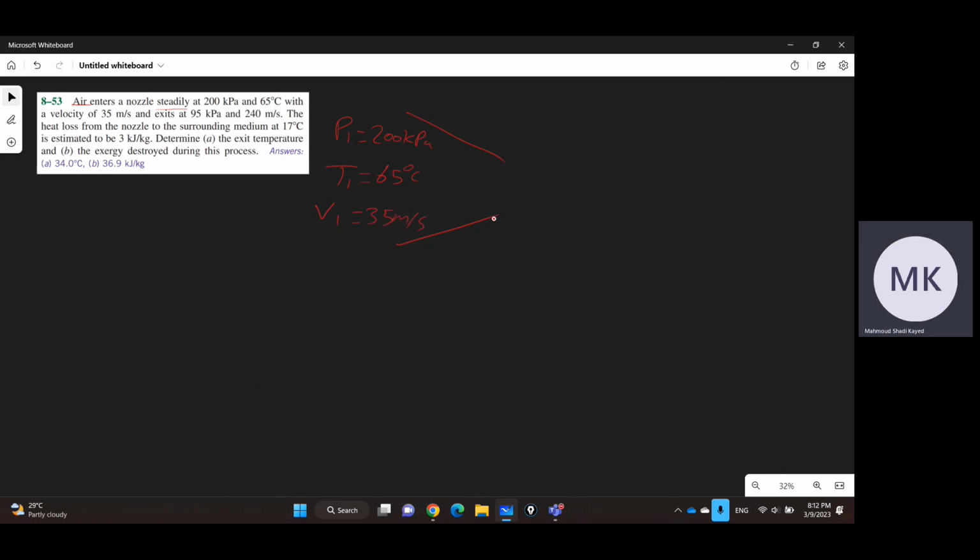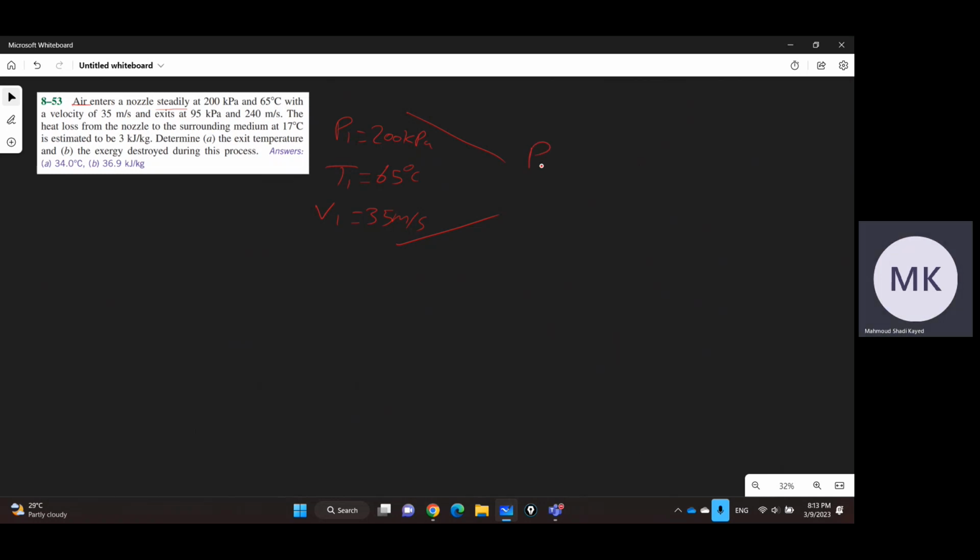In these devices we always need to see if he gave us the velocity or if we can find it, because the velocity or the kinetic energy will appear in the exergy balance. So we need to be careful with it. So this is the entrance and the exit.